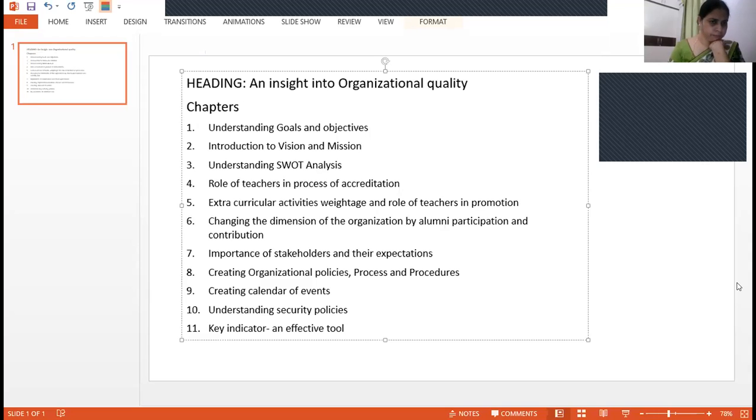Yes, sir, it will automatically become big. ERP, MIS and governance. ICT includes teaching, learning, student support system. It is almost in every criterion, and its weightage is approximately more than 200, approximately 220.